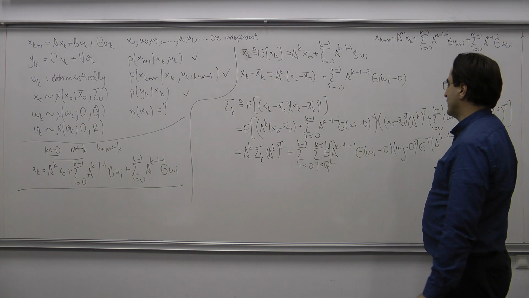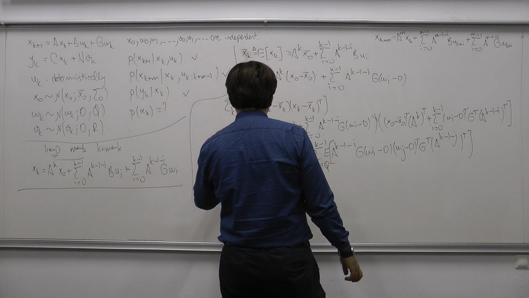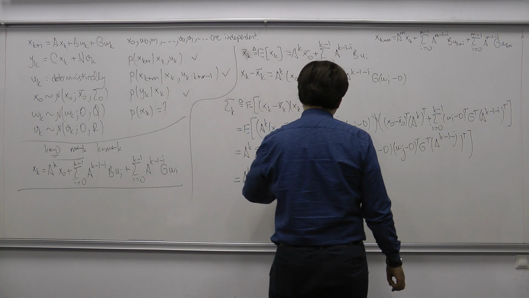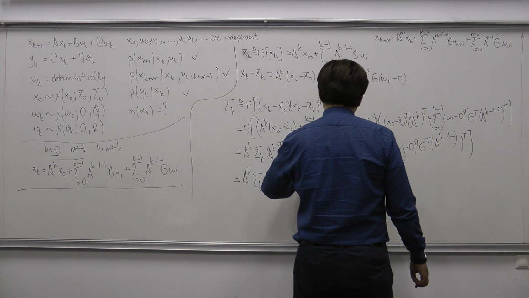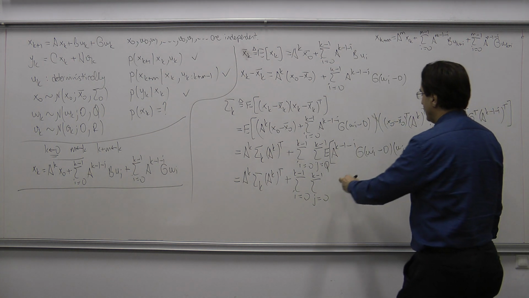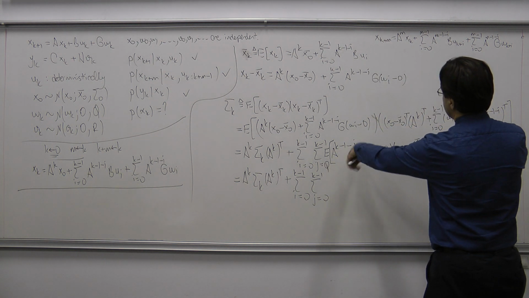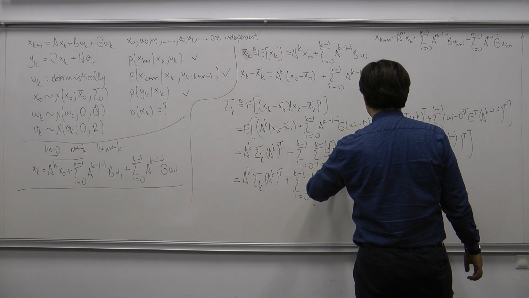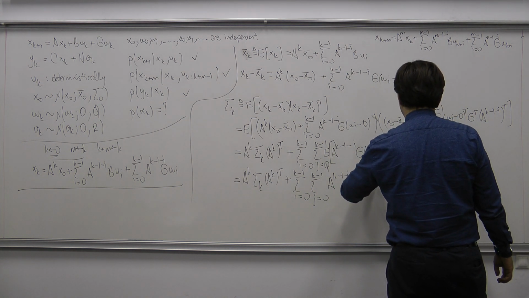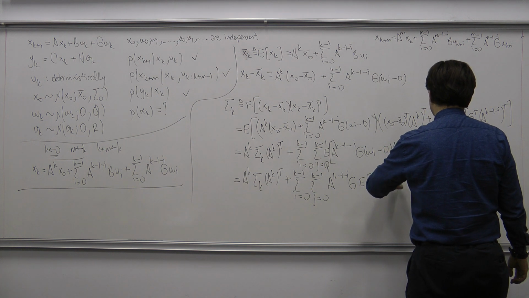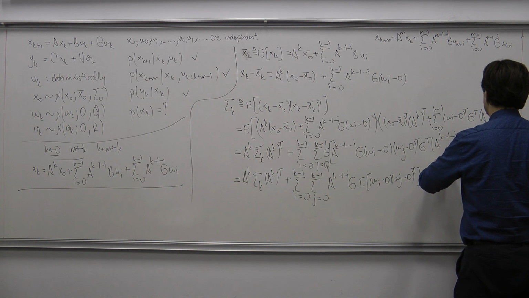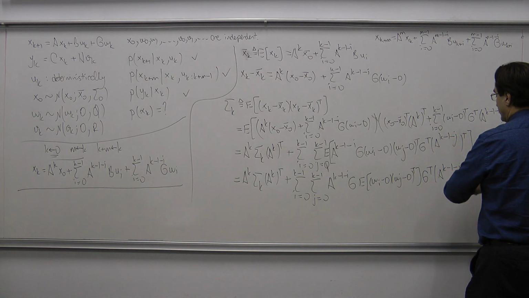Now what I can do is the following: A^k Sigma_0 A^k transpose, plus i from 0 to k minus 1, j from 0 to k minus 1. I can take these matrices outside the expectation, A^(k-1-i) G, and I will take the expected value of (wi minus 0)(wj minus 0) transpose, and then G transpose, A^(k-1-j) transpose.